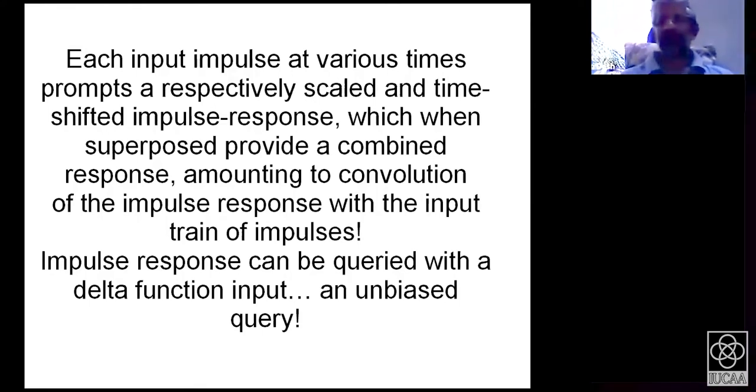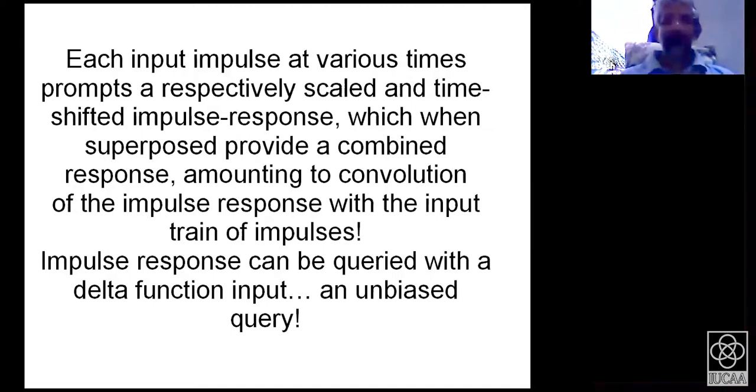If we can imagine the other function to be made of a large number of delta functions, which does not violate any basic premises, we can have as closely packed a set of delta functions following the amplitude of the function that we have at hand at different points. And for each one of them, we can write down a shifted, scaled version of the other function. And we take a grand superposition of it. And this is what will give us what the convolution output would be.